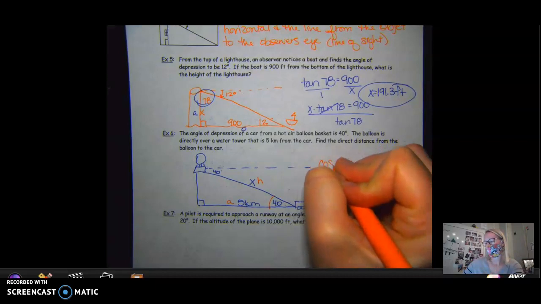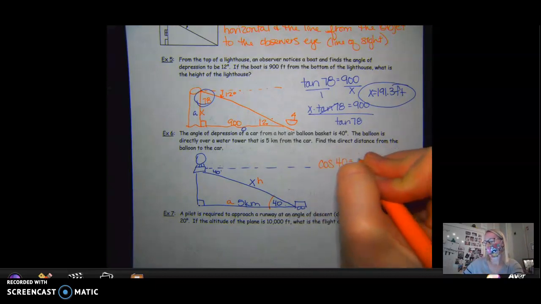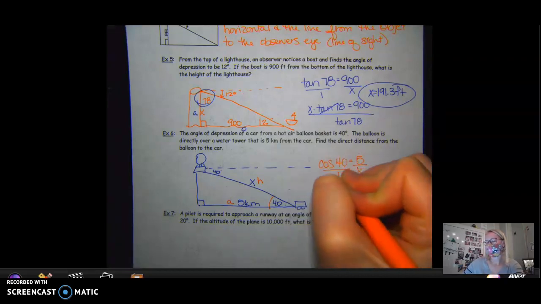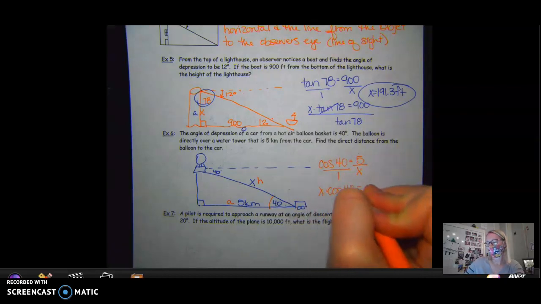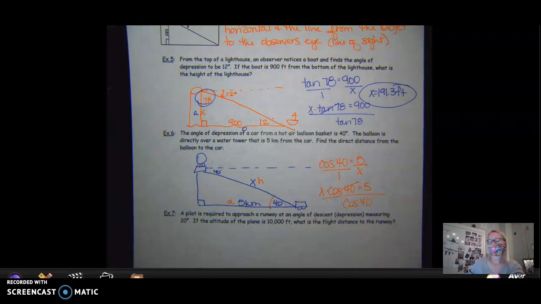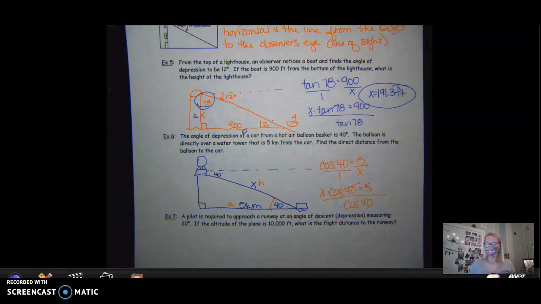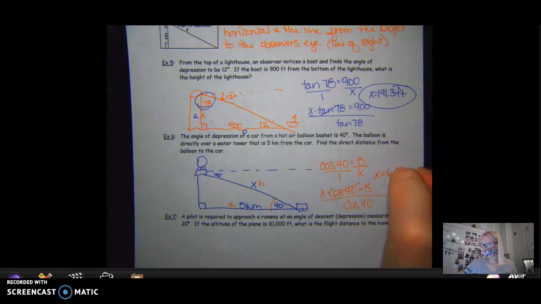So we're going to do cosine of how much? Equals what over what? Awesome. Cross multiply. X times the cosine of 40 equals 5. Divide both sides by the cosine of 40. Cancels over here. What do you get when you do 5 divided by the cosine of 40? And that is kilometers.